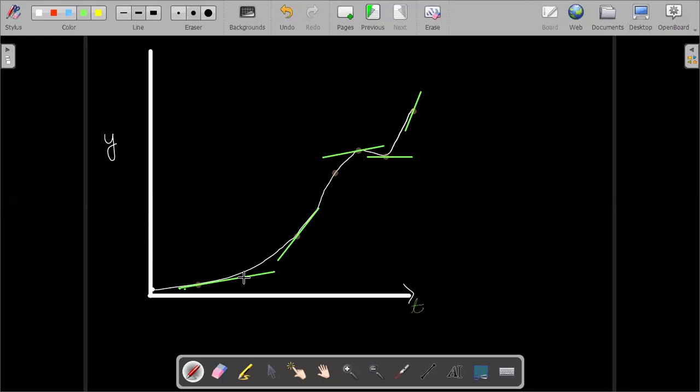Now, if I want to find out the instantaneous velocity at any given instant of time, suppose I want to find it at this time t1, also at this time t2, and also at this time t3. I want the instantaneous velocities at all these points.